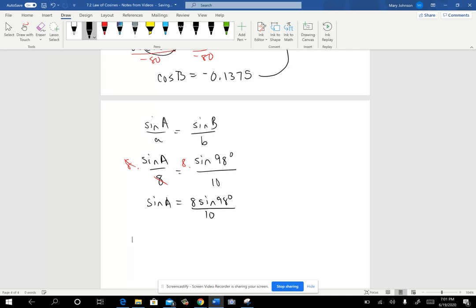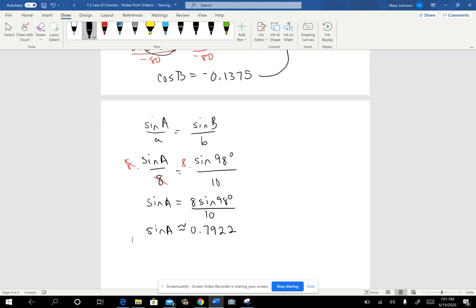Now, even though I could algebraically simplify that, they don't want an exact answer, so I'm just going to type in 8 sine 98, get that, divide by 10, and what I find is that sine A is about, I like to keep 4 decimal places, 0.7922 here, because this is not the answer.